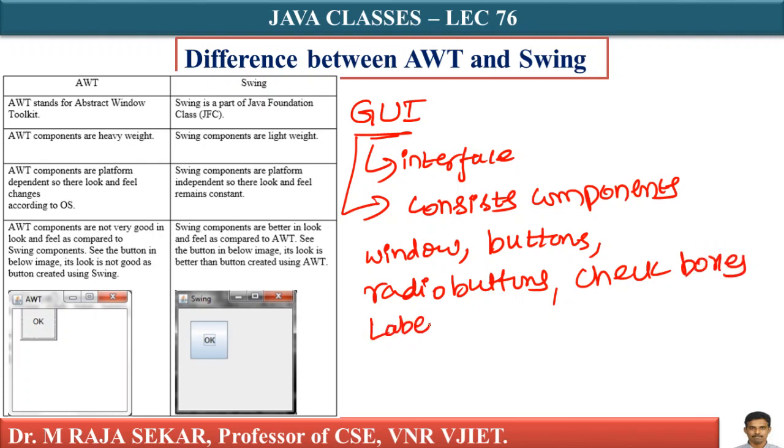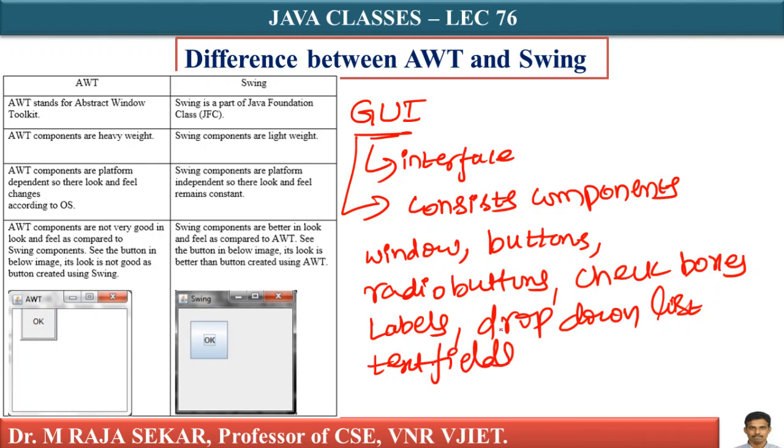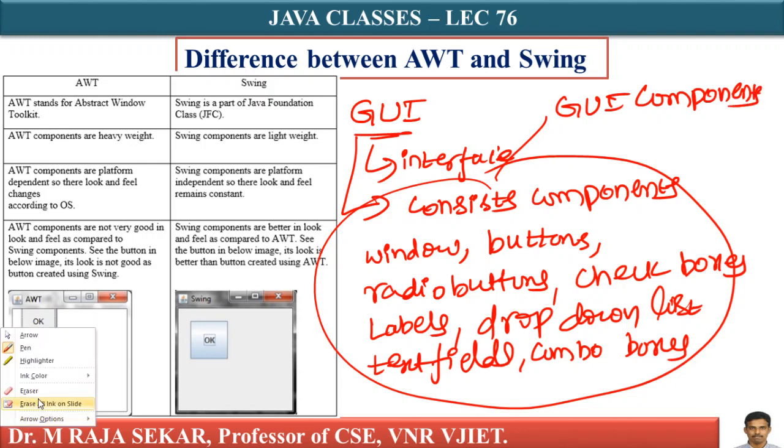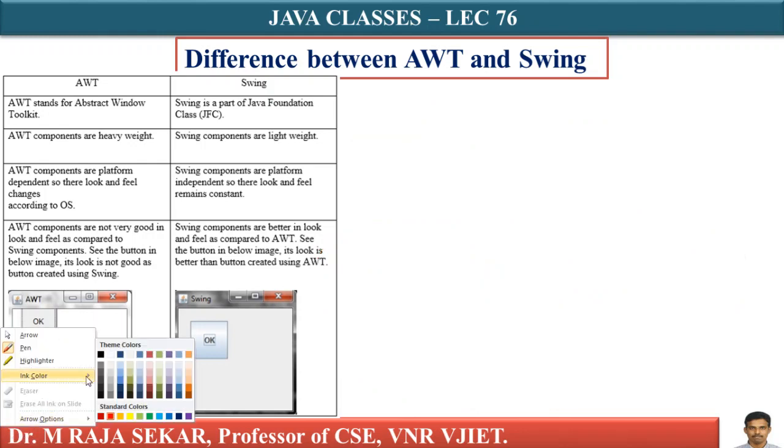Even components like labels, drop down lists, text fields, and combo boxes. I will discuss combo boxes in a future lecture. For the time being, just understand there is a concept known as combo boxes. They are basically GUI components.